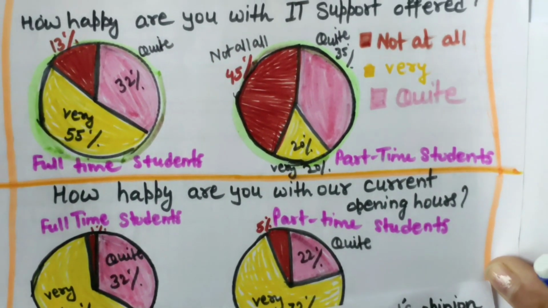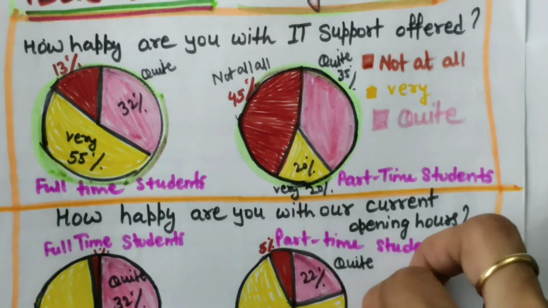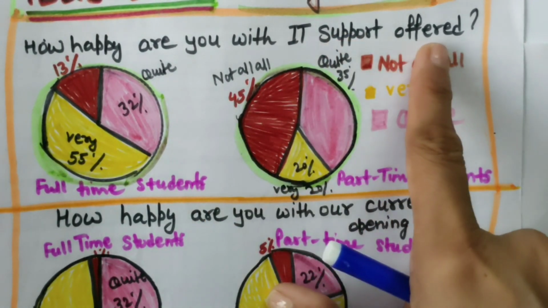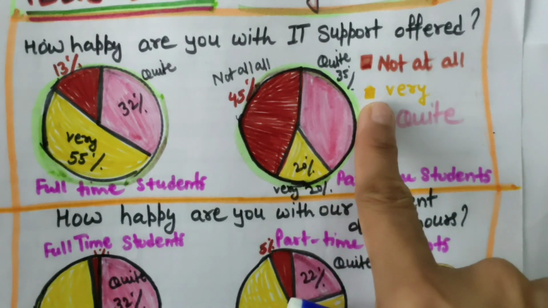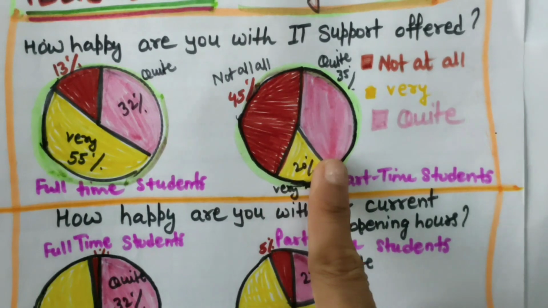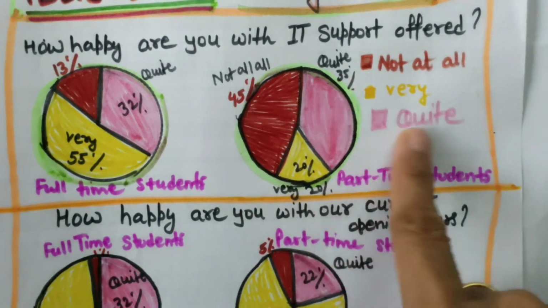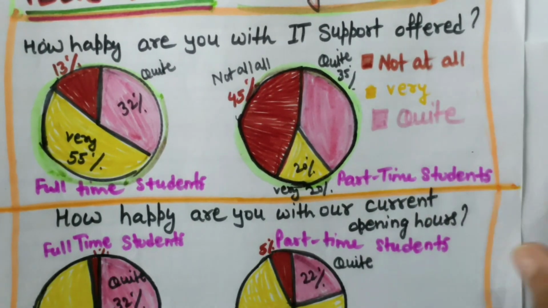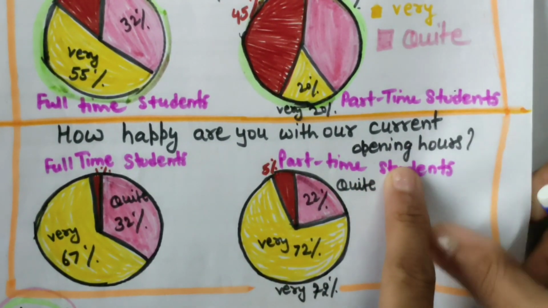Now the important point here, how to write the detail. So there are two methods. First, you talk about IT support offered in the next paragraph. You talk about full-time students and then compare with part-time students, because as we know there are three categories. Or in the next paragraph you talk about current opening hours and compare.